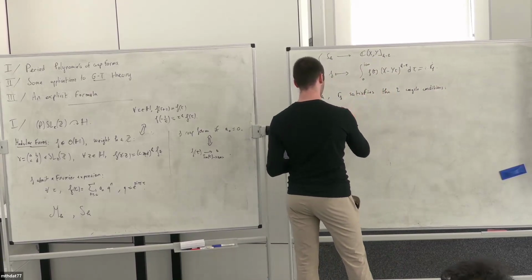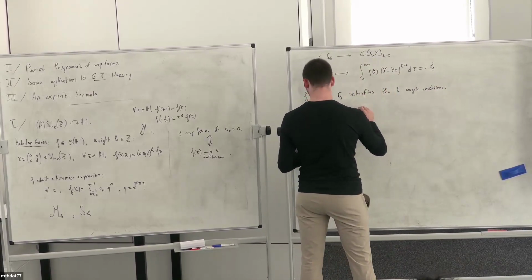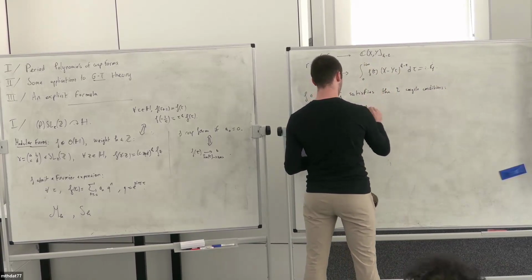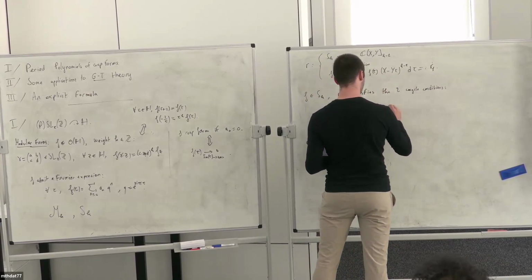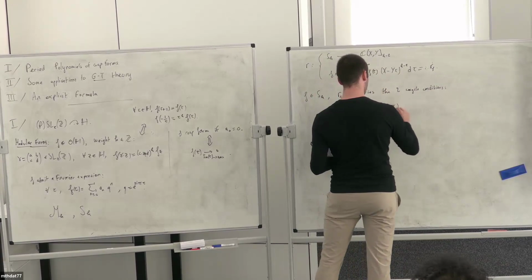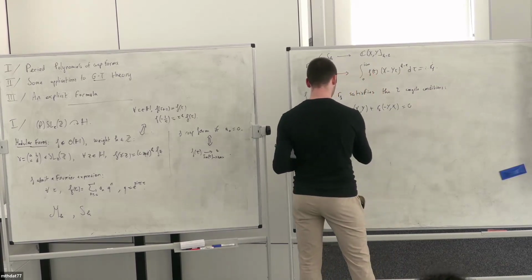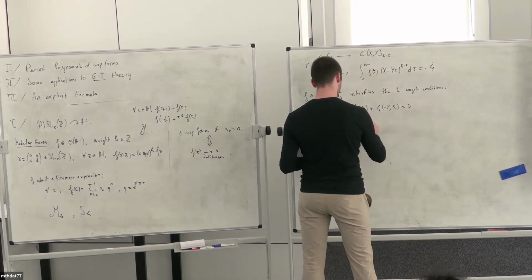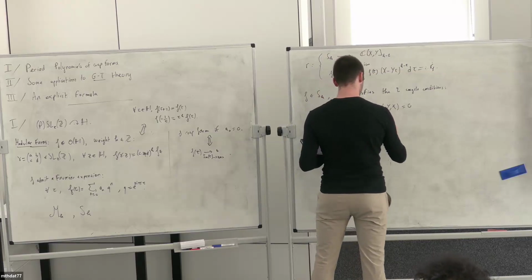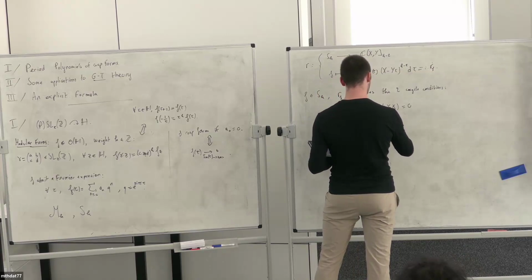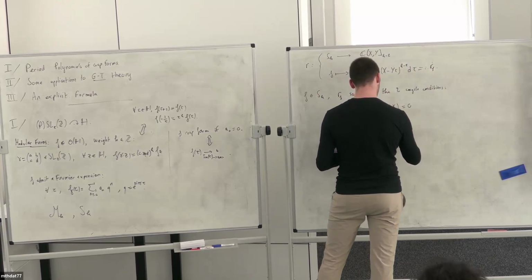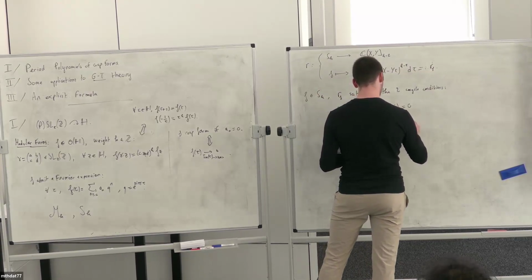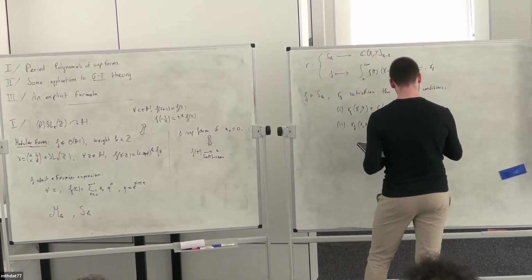So Rf of xy plus Rf of minus yx equals 0, and Rf of xy plus Rf of x minus y, x plus Rf of minus y, x minus y is 0.